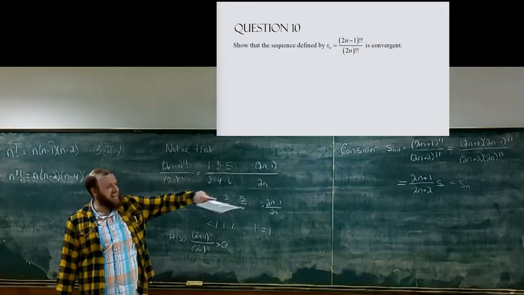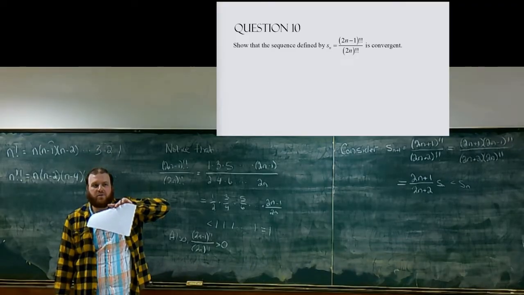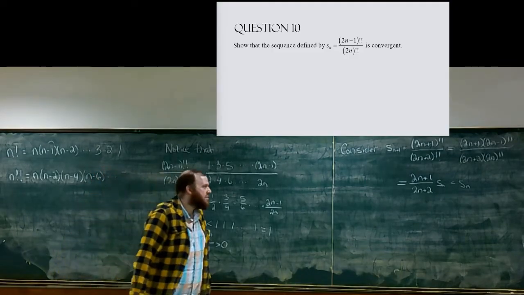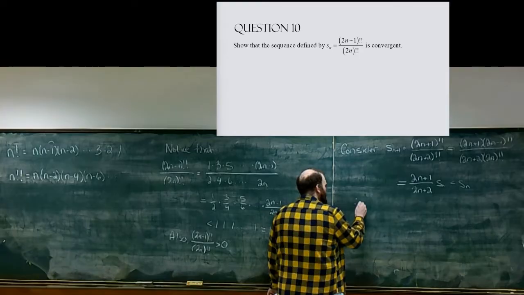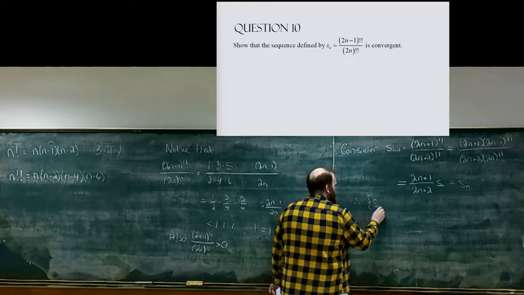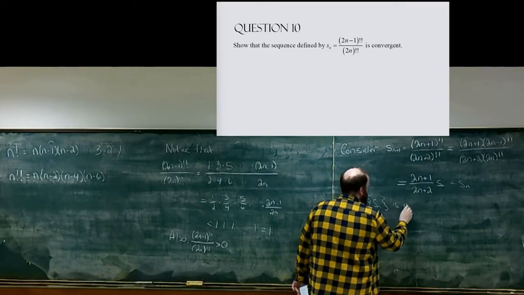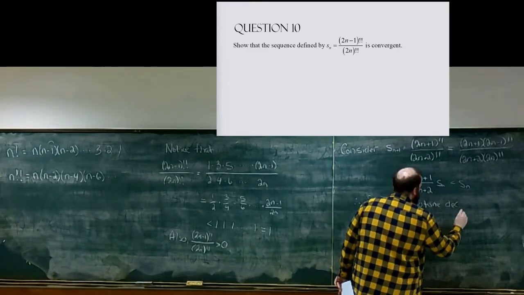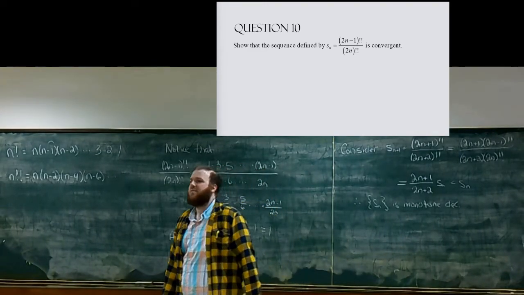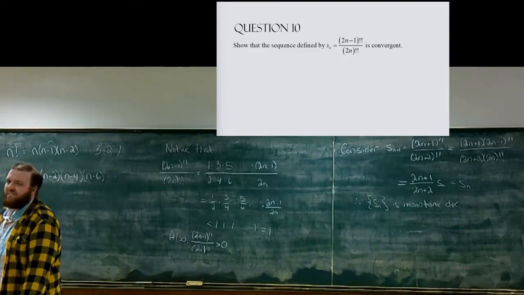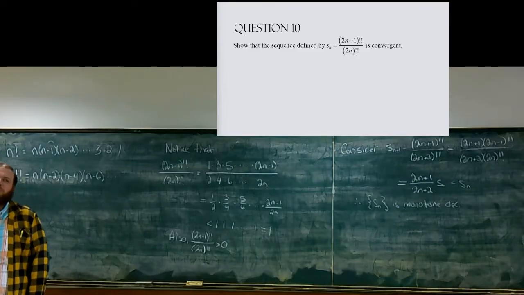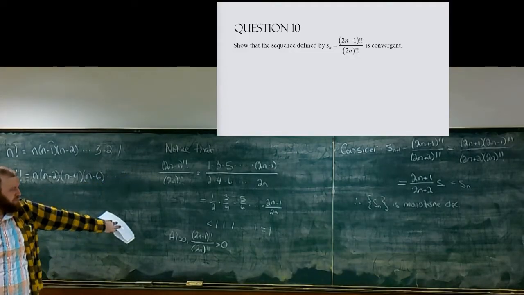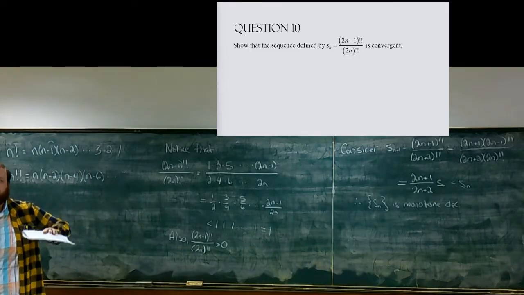Which means the n plus 1 term is less than the nth term. This is a decreasing sequence. Specifically, it's monotonic. The sequence is monotonically decreasing. It's bounded below, so it must converge.